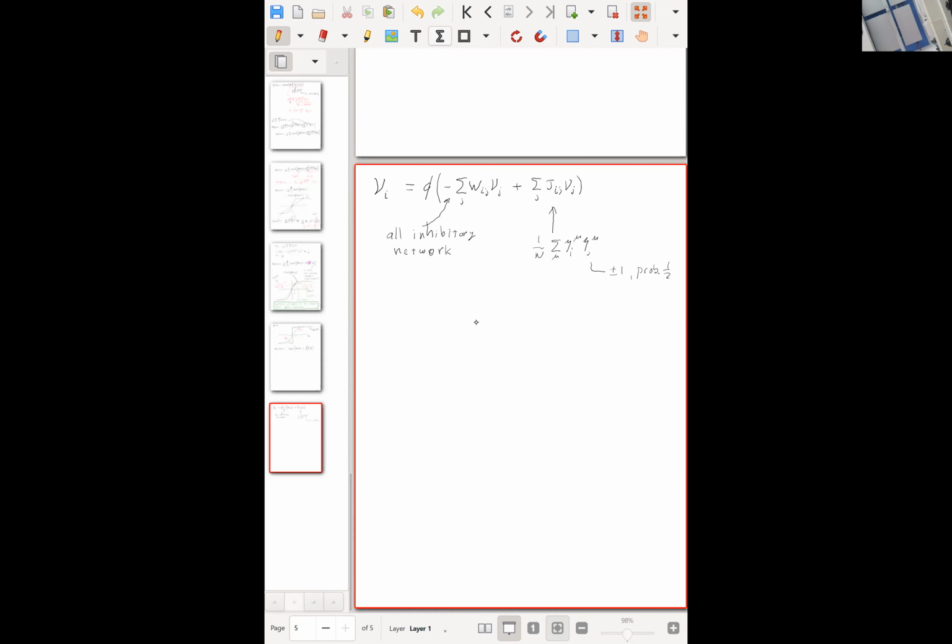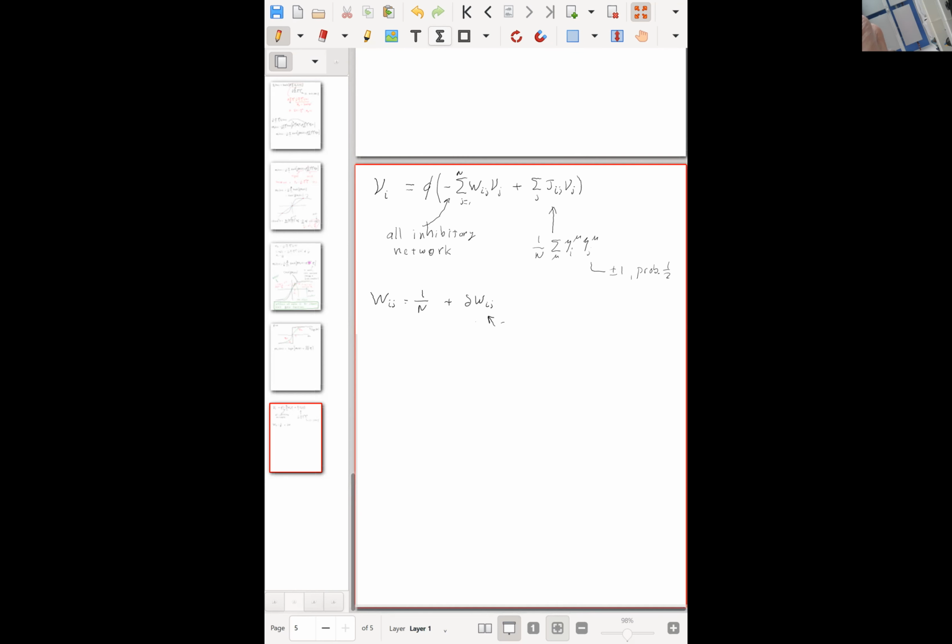So same story, but a little more complicated. Now I have to tell you what Wij is. And Wij is going to have a kind of weird form. Wij equals 1 over n, so we have n units, plus delta Wij.